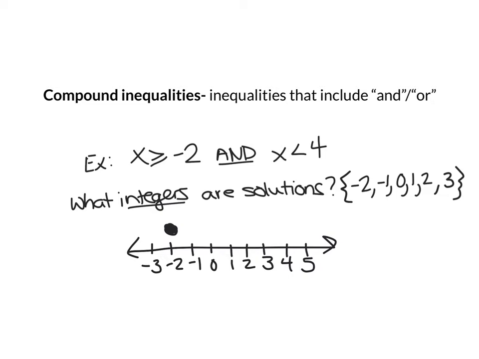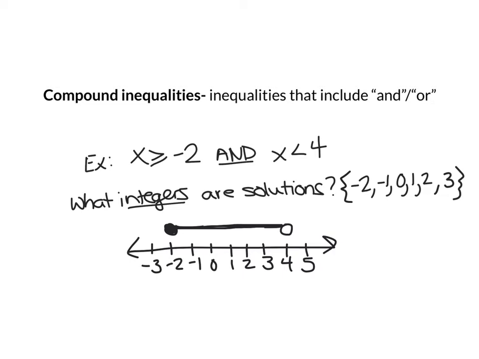And if I want the x's that are greater than, that means I'm going to shade towards the right. And then for x is less than 4, that's an open circle at 4. And I'm going to shade it to the left, which means my solution set is just this space in between here. So this is x is greater than or equal to -2, but also less than 4.